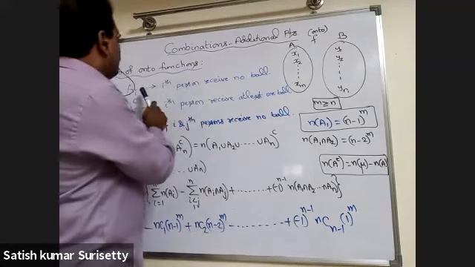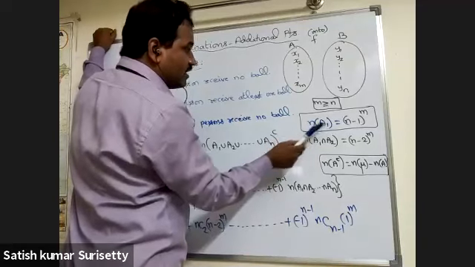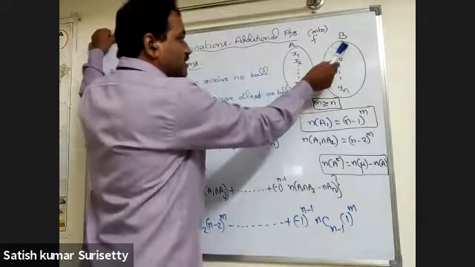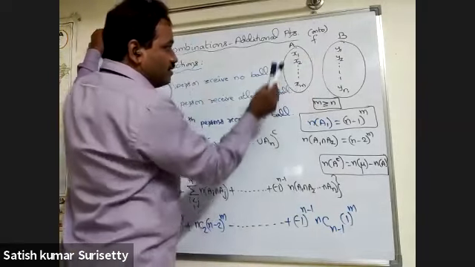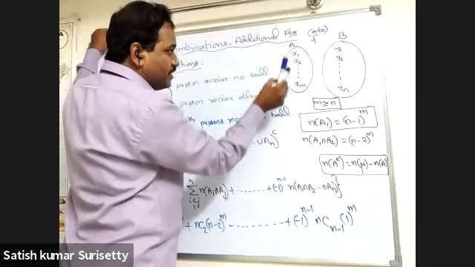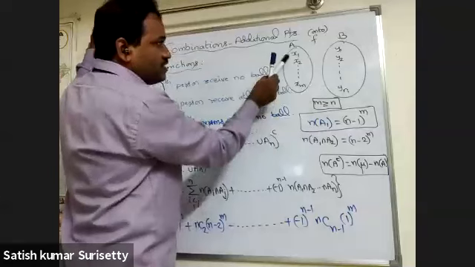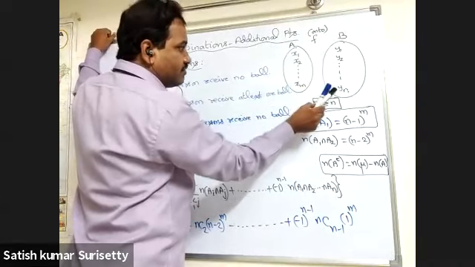Now, what will be the number of elements of A1? That is, n of A1 means the first person is not receiving any ball. When the first person is not receiving any ball, it means there are possibilities of distributing m different balls to n minus 1 persons. That is, the first ball can be given to any of the n minus 1, the second ball also to any of n minus 1.